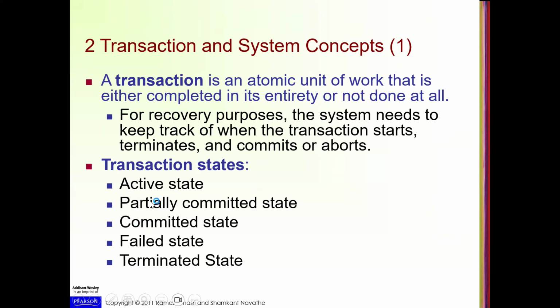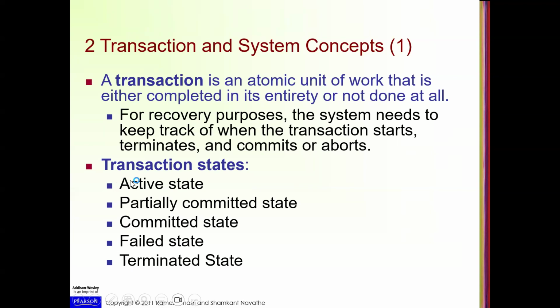The first one is the active state, the last one is the terminated state. From the active state, the transaction actually starts working. The terminated state is when the transaction ends or completes. So it's very easy to understand. This is the starting point, this is the ending point of the transaction.